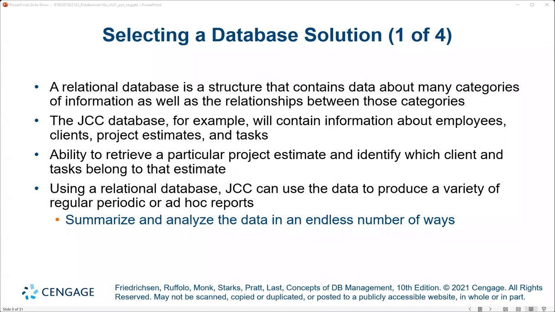It's going to show us the associated tasks and the estimate for the project as well. And if we needed to find out more information about the client tied to that project, because we created that relational model between each of these lists, we can now pull that information from the client list. That's what a database is all about.